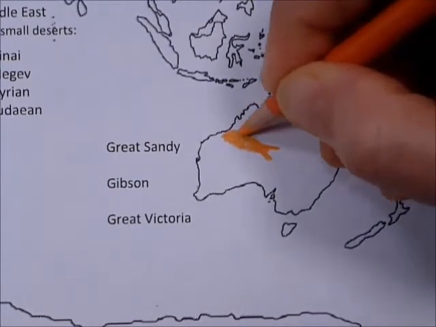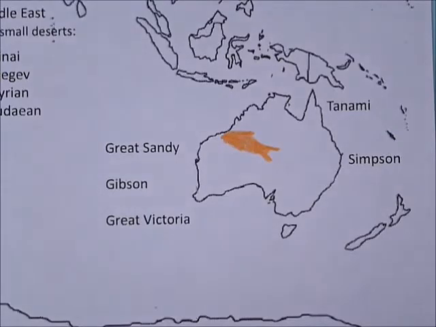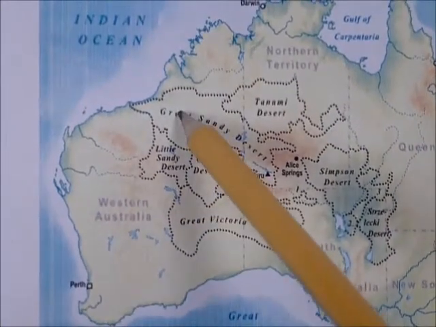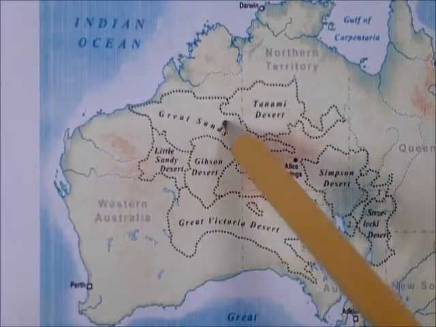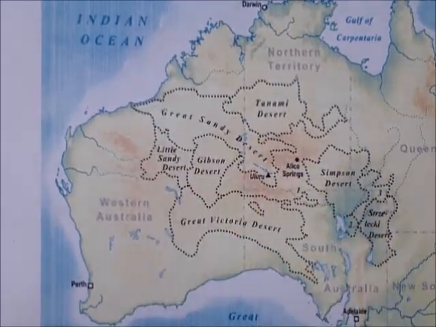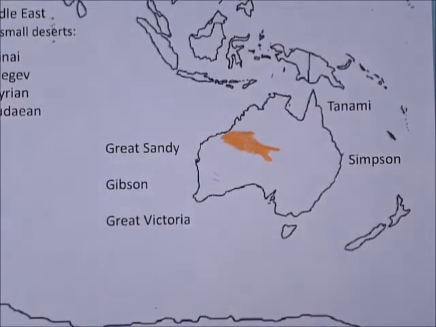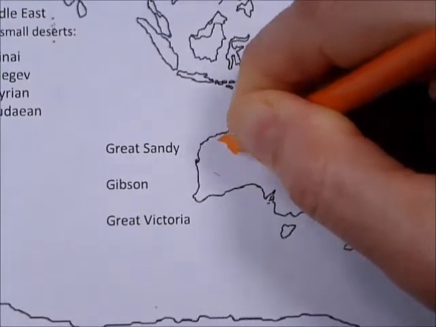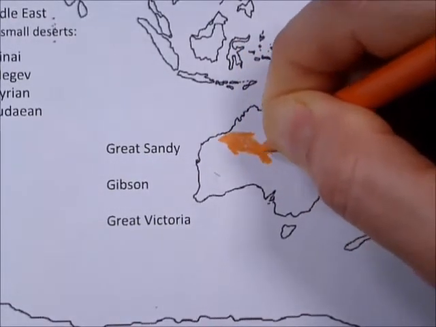It looks like it actually has like a fin on top. Oh, I'll show you again. Just reminds you of a dolphin or something. There's a fin. There's the tail. There's a bottom fin. Looks a lot like a dolphin, doesn't it? Okay, so just draw yourself a little dolphin here. The Great Sandy Desert. The fish in the desert.